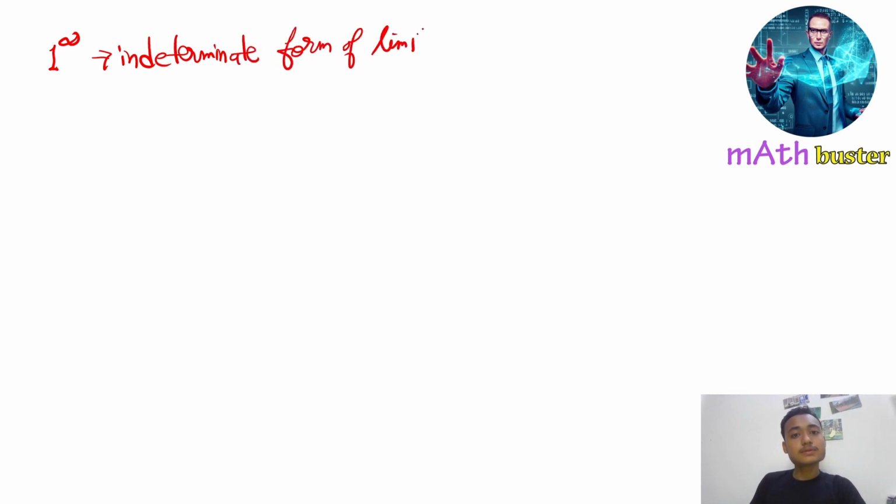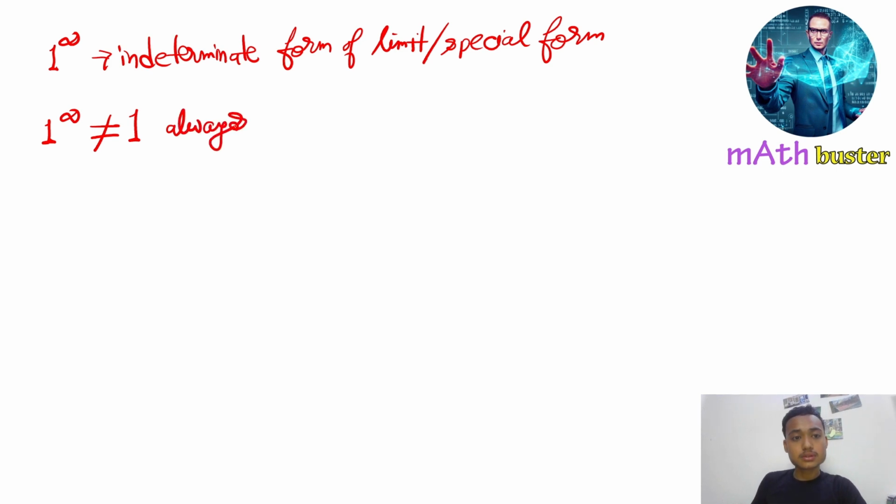This is a special form, and under this form, 1 to the power infinity is not equal to 1 always. So what do we do when we have a limit of type 1 to the power infinity? We'll explain this with the help of this question.